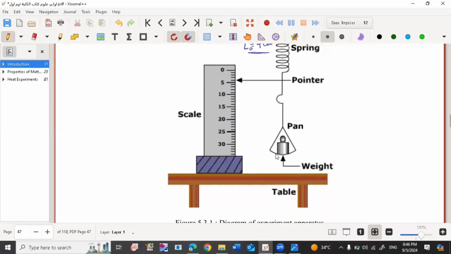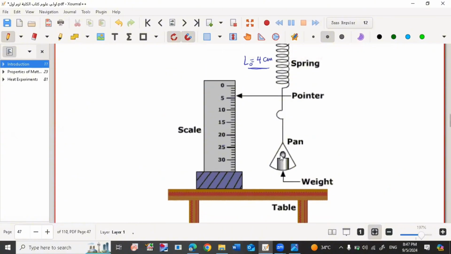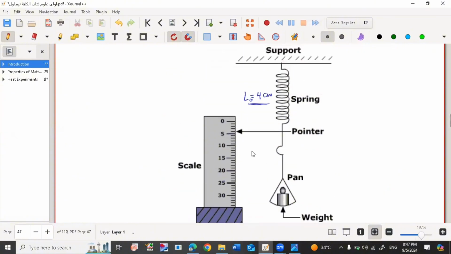So we are going here to add some weights, maybe 5 grams or 10 grams or 20 grams by each reading. And each time we are going to record the reading, I mean the change in the length here. So if we add like 10 grams here in this span, this means this length will change.